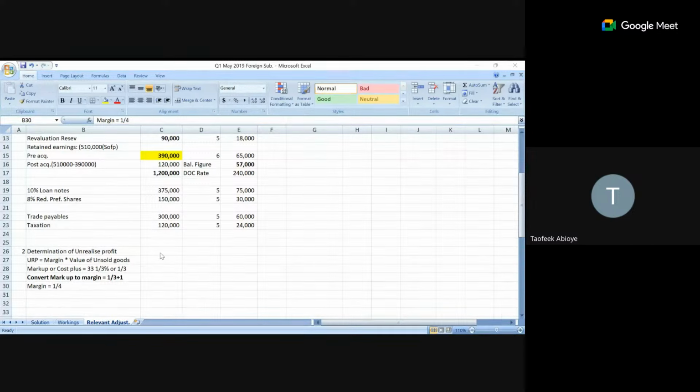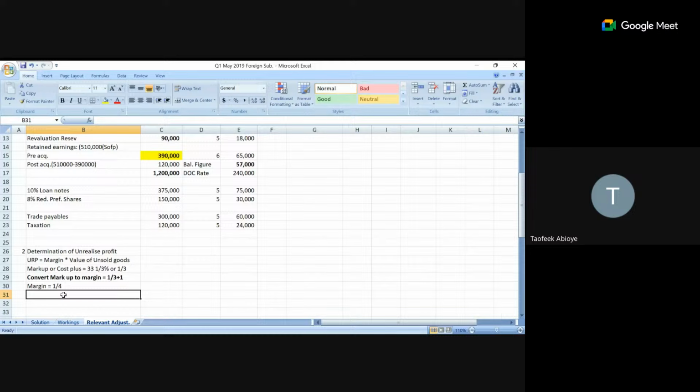Now, what is our formula? Our formula is ULP is equal to margin times value of unsold goods. So now let's calculate our unrealized profit. We have determined our margin.